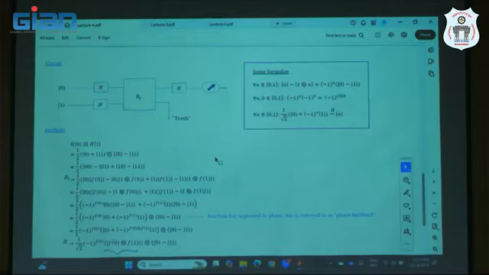For 0, 1: 0 goes as it is, 1 goes to 1 parity f of 0.